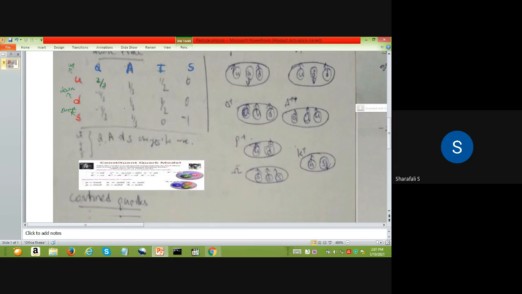Then for the up quark we have a charge of 2/3. For the down quark we have a charge of -1/3. Then for strange we have again a charge of -1/3.